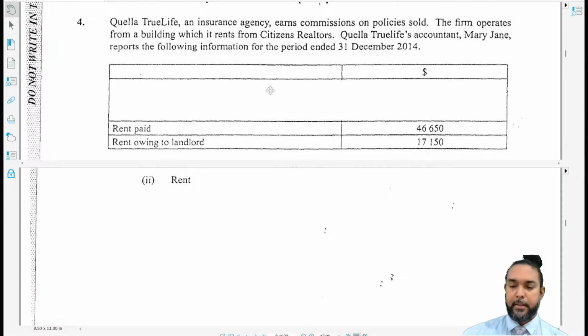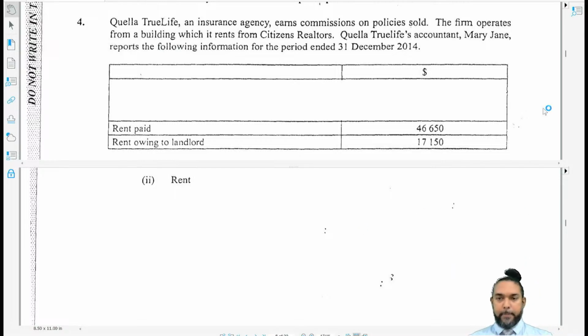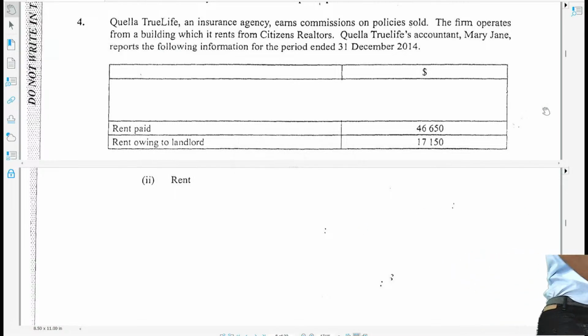Okay, cool, give me one sec. Current page.